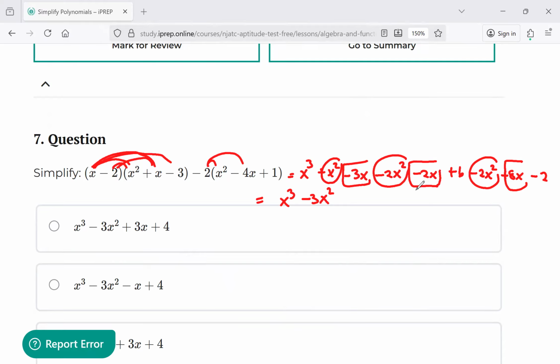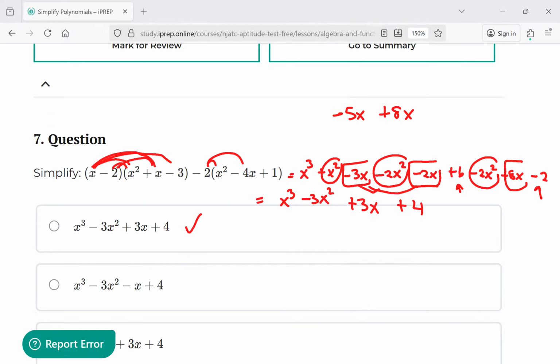Negative 3 and negative 2 is negative 5, plus 8 is 3x. And then our constant is 6 and negative 2, which is 4. What's my answer? x cubed minus 3x squared plus 3x plus 4. Oh, the first one.